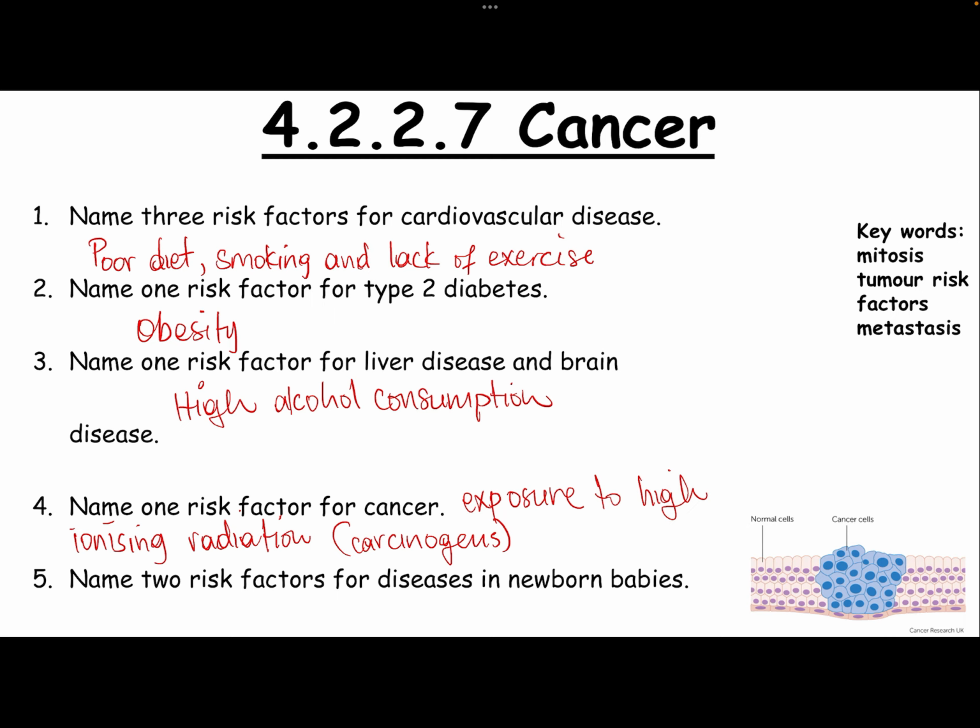Name two risk factors for diseases in newborn babies. So that's where the mom is a smoker or heavy drinker of alcohol. So smoking while pregnant and drinking maybe large quantities of alcohol.